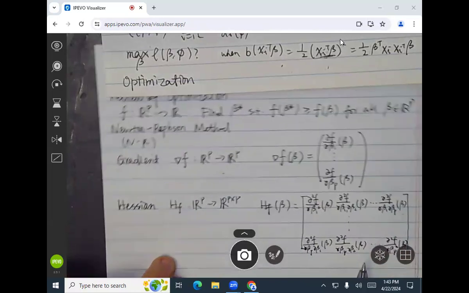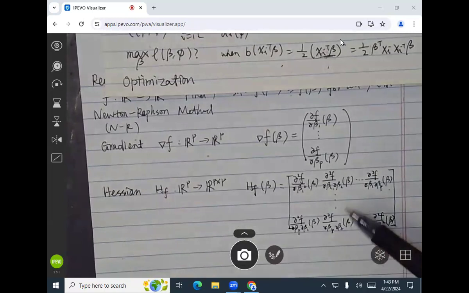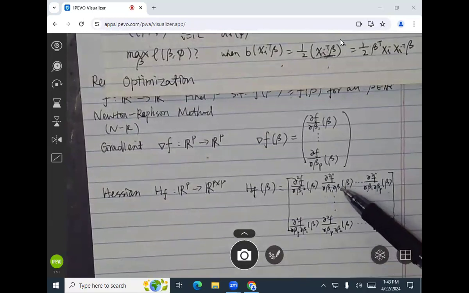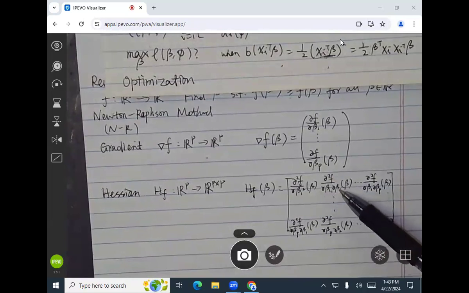It is often a symmetric matrix, because which one you take the partial derivative of first will not change the result. So partial square f partial beta 1 partial beta 2 is equal to partial square f partial beta 2 partial beta 1. Then you have symmetry in this Hessian matrix.